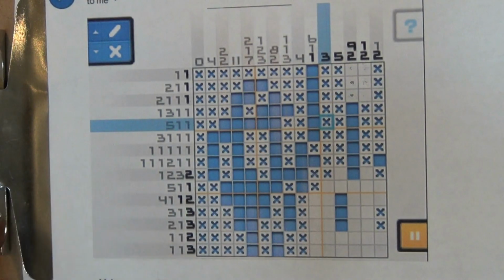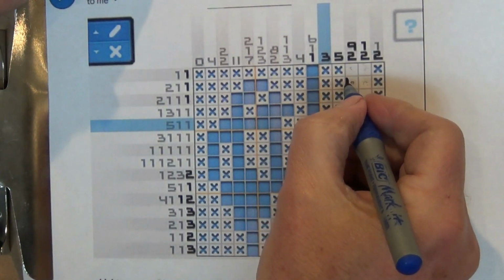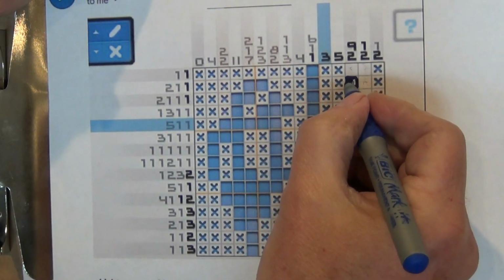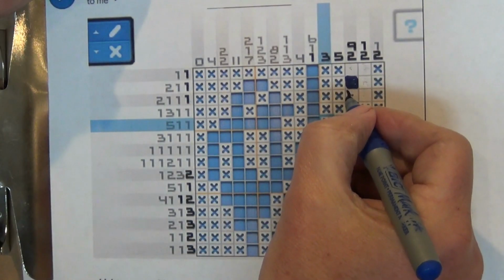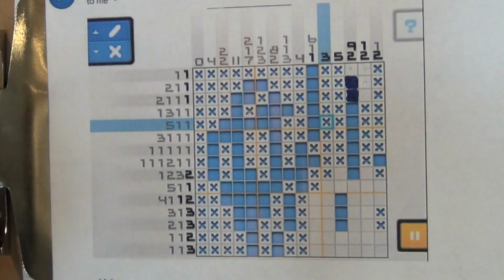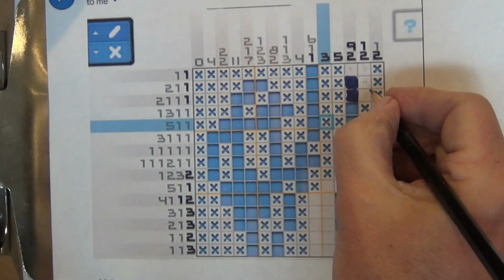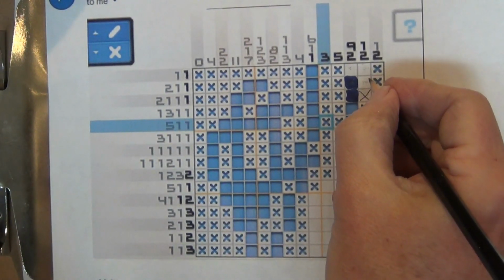So I'll go ahead and fill those in. That was an obvious thing that FE didn't see. I'll put the X here and an X there.